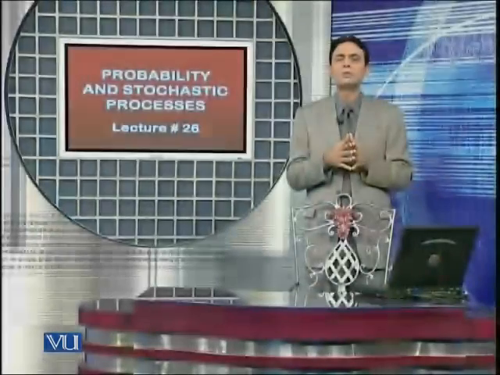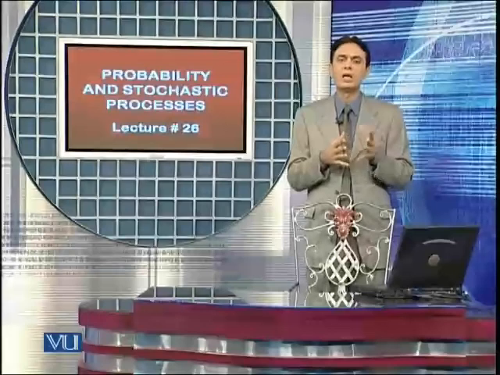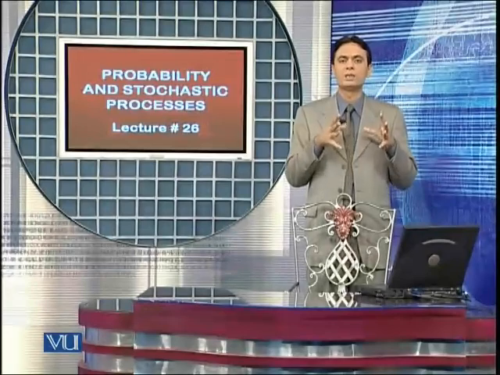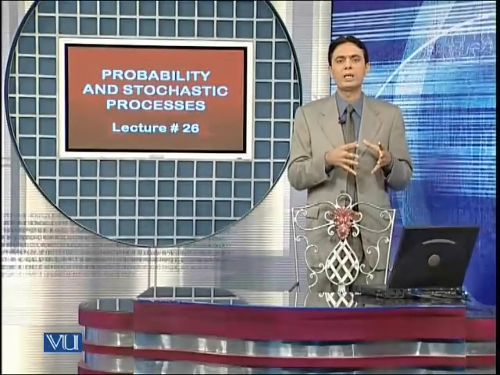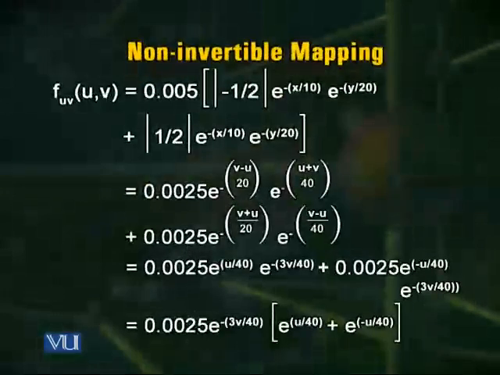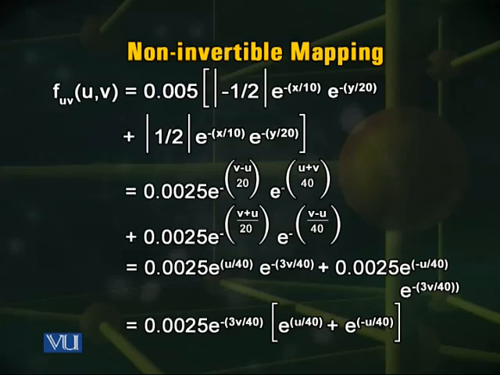You can see this work done in your handouts and in the slide that you can see now, and this clearly shows that this principle can be applied to those mappings which are many to one, and the end result of this procedure is that you get a joint PDF of u and v for this mapping which is not invertible, and this joint PDF of u and v makes sense because it combines all the aspects of the problem that we are trying to analyze.